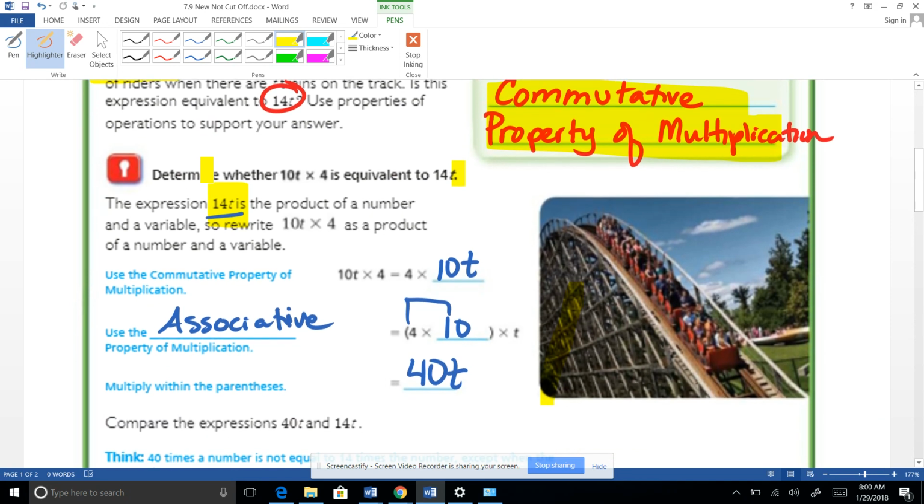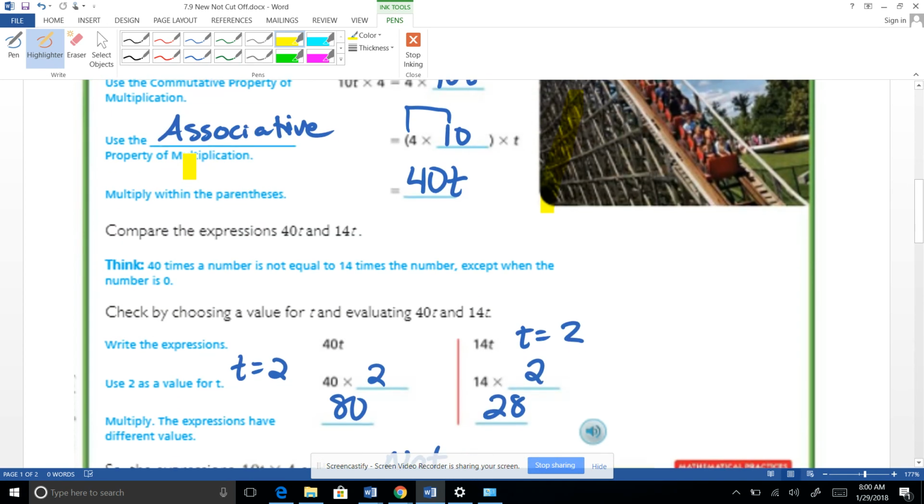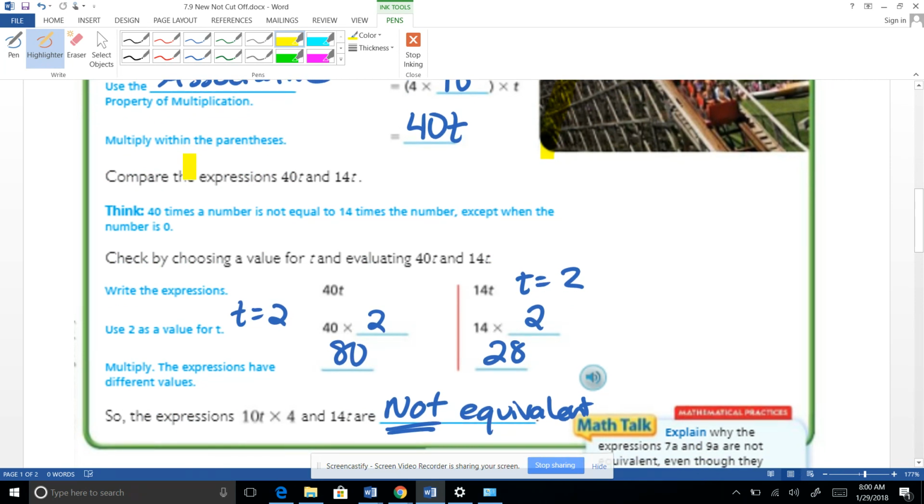So we rewrote it. Then we did actually use the associative property when we looked at grouping. So now we can look at 4 times 10 and then have that t on the outside, and we know that that equals 40t. And what we came down to is realizing that 40t and 14t are not equivalent.